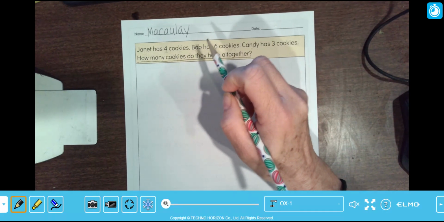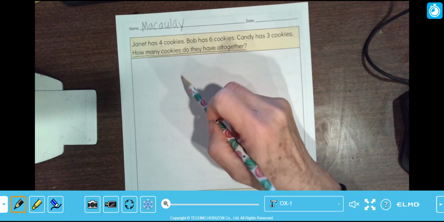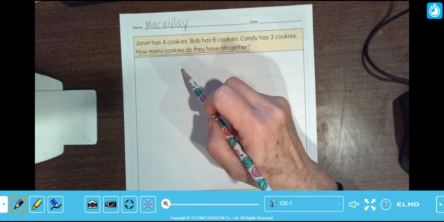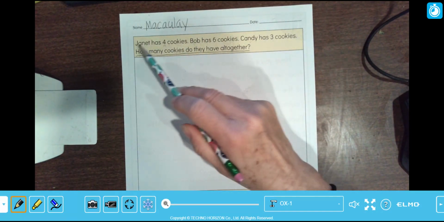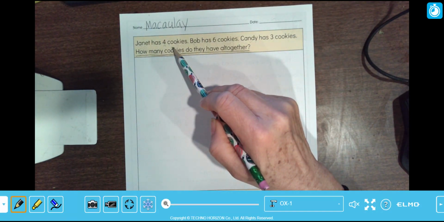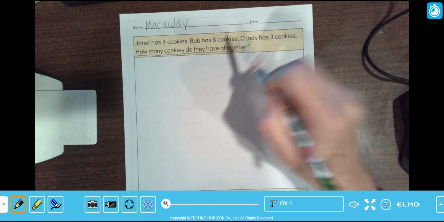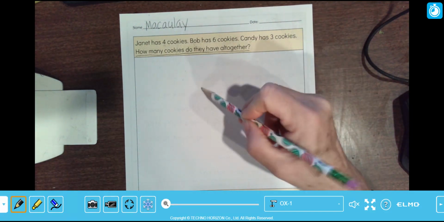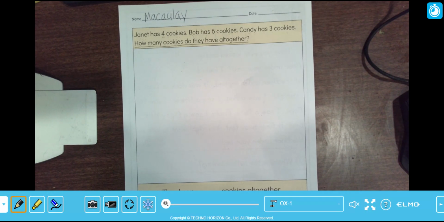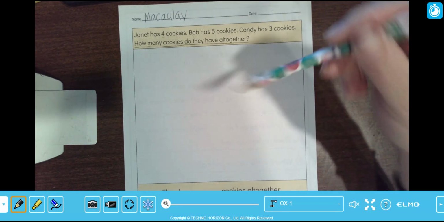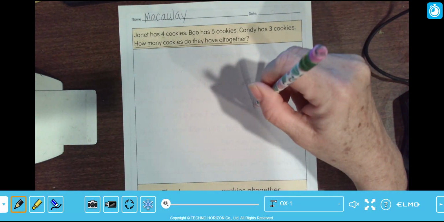Okay? So right here, I want you to draw a picture of the cookies. How many cookies do they have all together? So you're going to draw a picture of Janet's cookies, Bob's cookies, and Candy's cookies right here. You also have to make an equation.